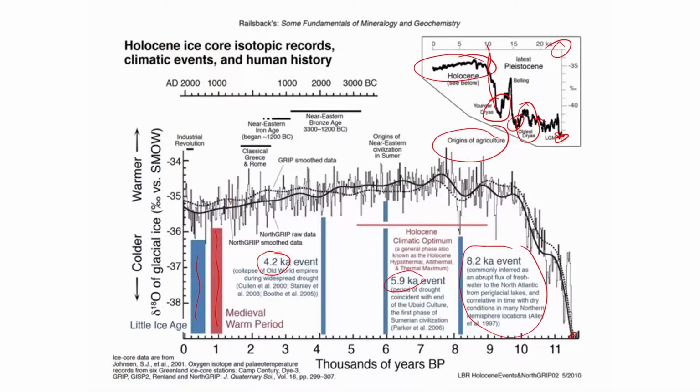The 8.2 kilo year event is somewhat similar to the younger Dryas, much smaller, about half a degree or so change. Again, it is related to post-glacial lakes releasing freshwater flux into the North Atlantic, perturbing the Atlantic meridional overturning circulation that is linked to the global meridional overturning circulation.